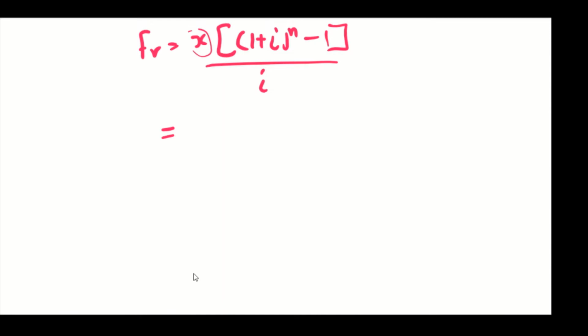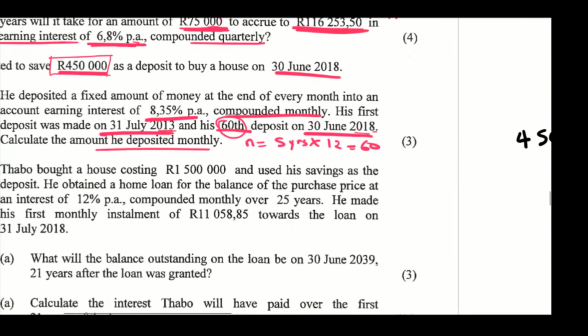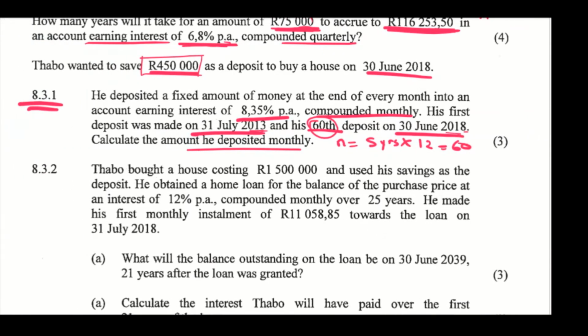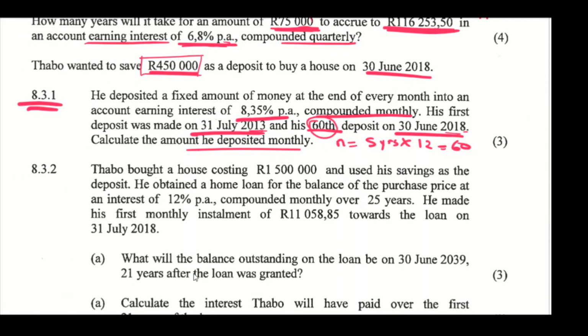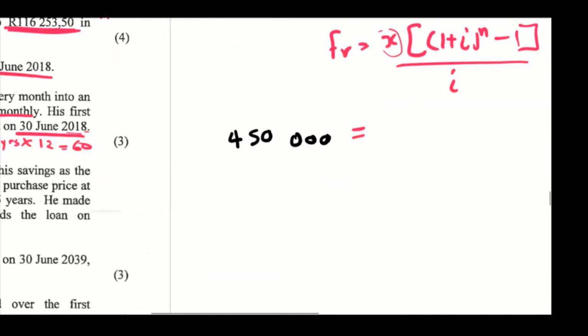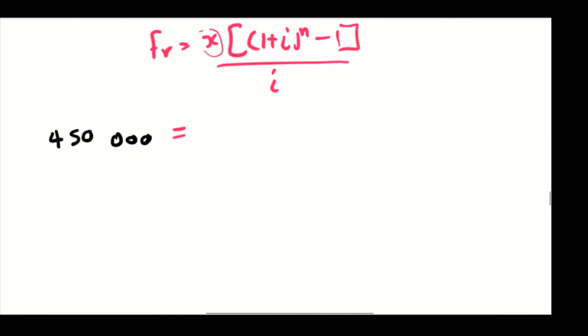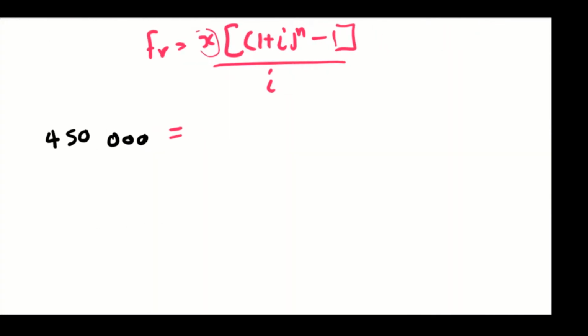So we already know the price of the house is 450,000, is it? Let's just confirm. He wants to save 450,000 as a deposit. Okay, cool. So he's saving 450,000 rand as a deposit for this house.